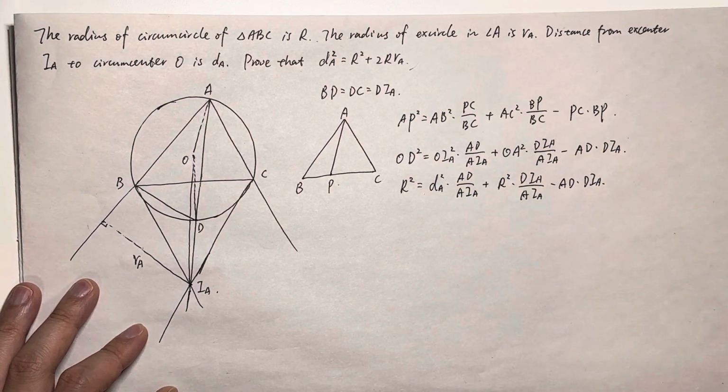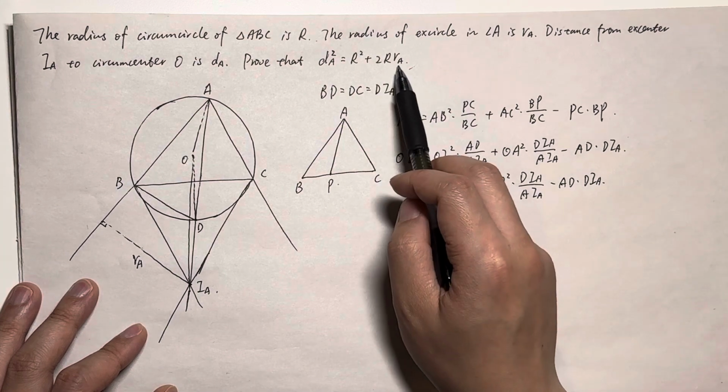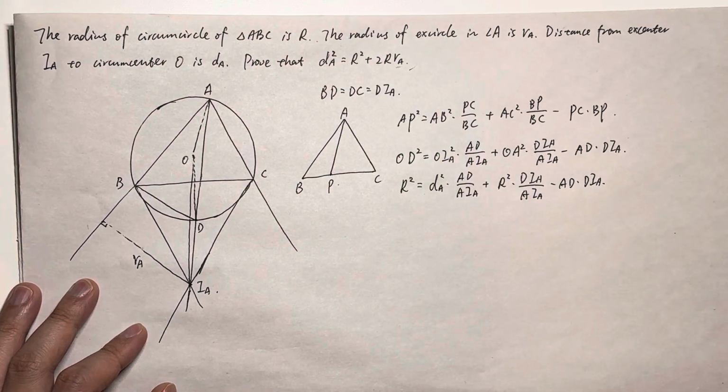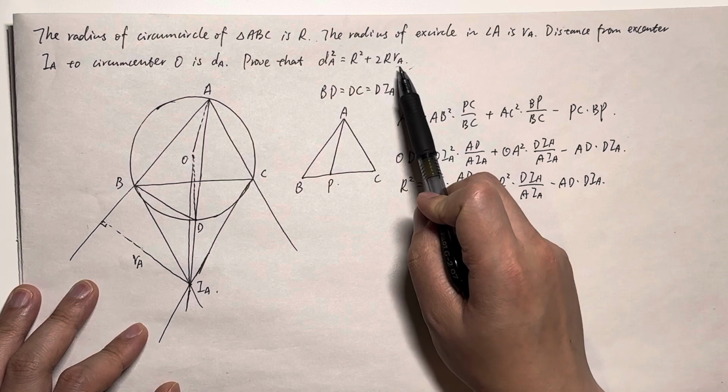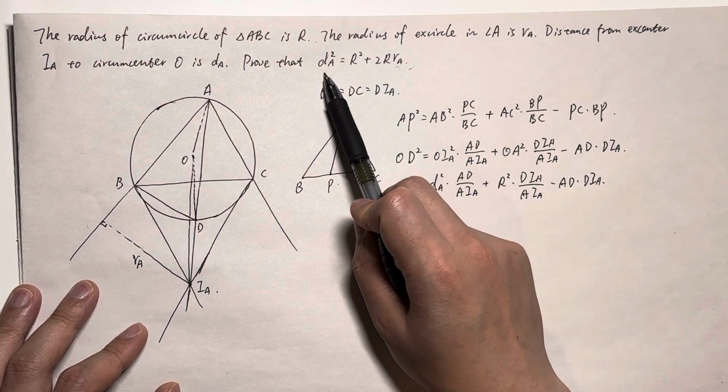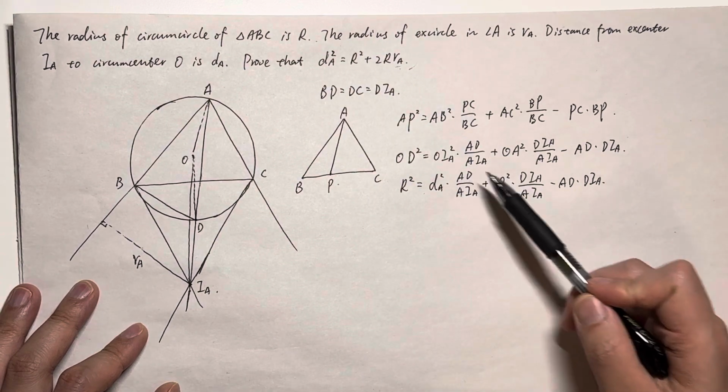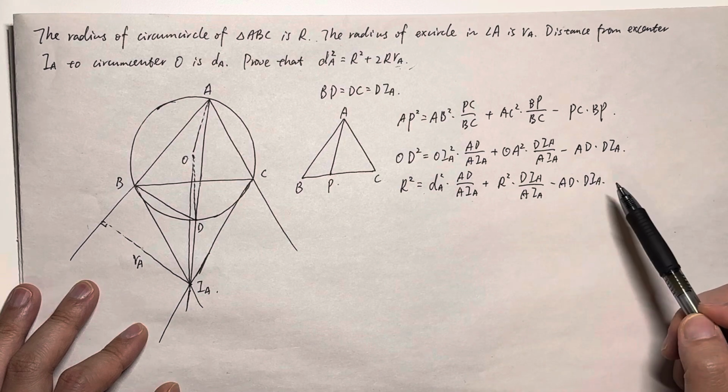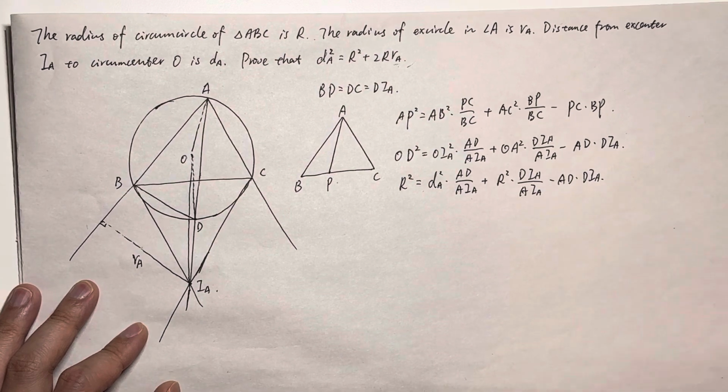So what we want is to use RA, R, and dA to represent AD, AIA, and DIA.